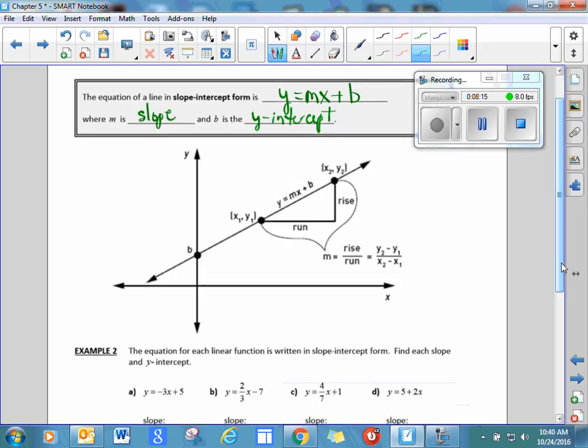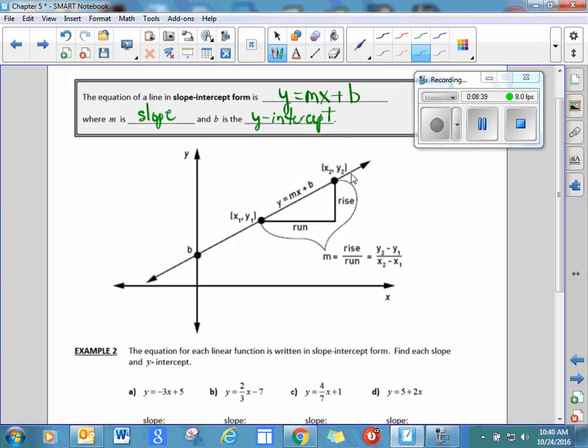So if you look at this picture, it looks kind of complicated, but it really isn't. It's showing you the slope, which is the rise over the run. It shows it in formula format between the 2 points. It also shows it graphically, just the rise over the run. You know it's positive because this line starts low and rises from left to right.